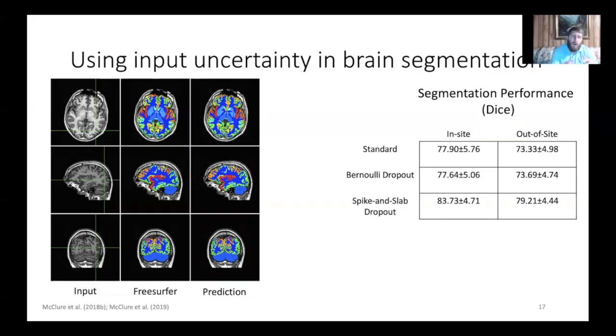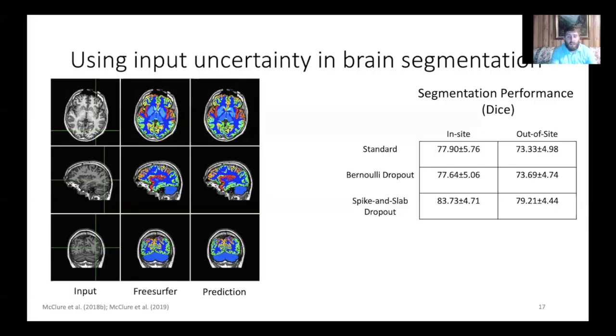So we wanted to look at whether Bayesian neural networks actually help in making predictions in this setting. We trained a standard neural network that is learning one value for each parameter. We trained the exact same architecture, except using Bernoulli dropout. Then we also trained the same architecture using spike and slab dropout.